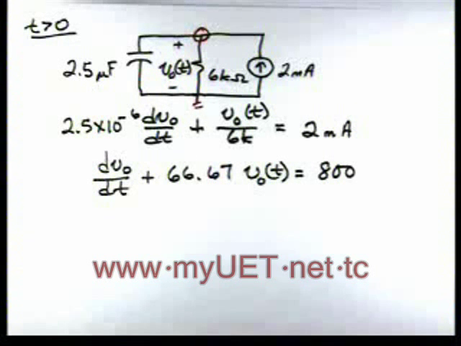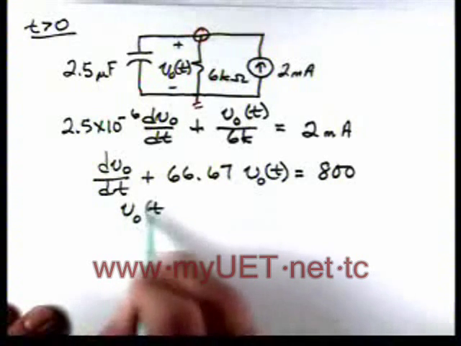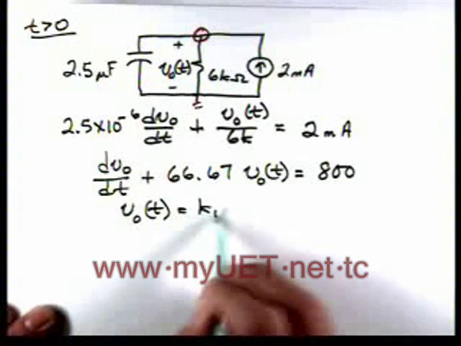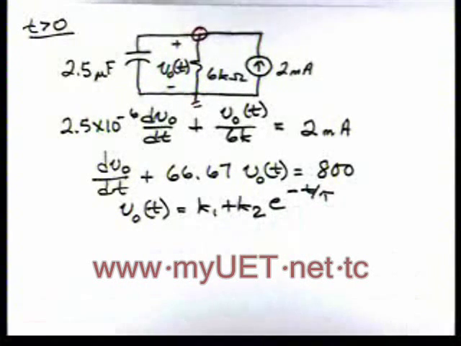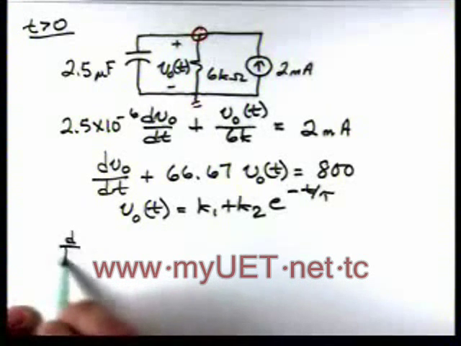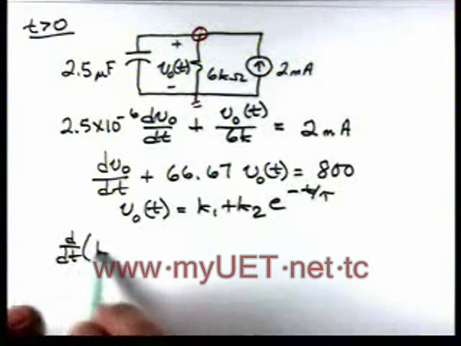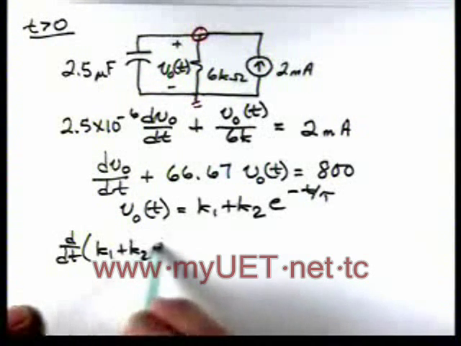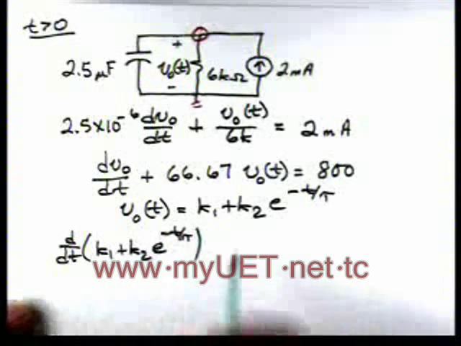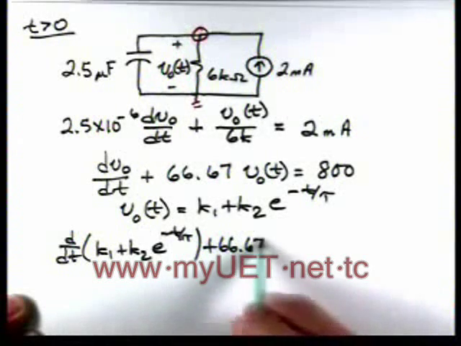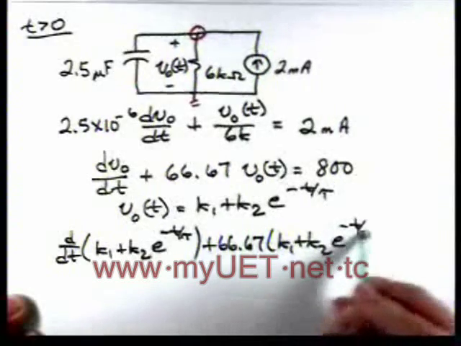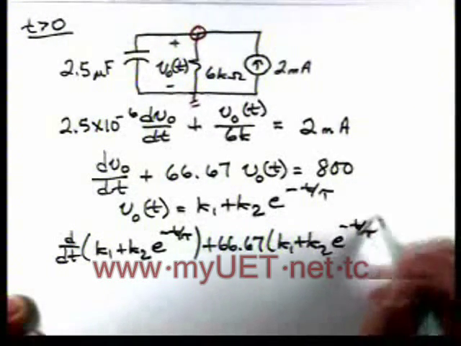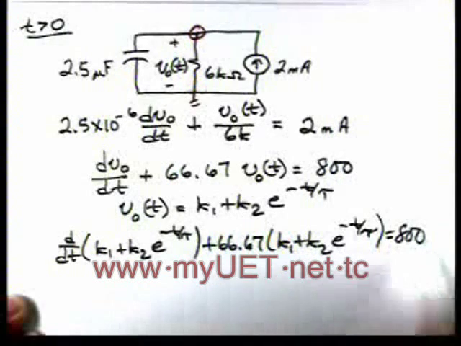We know our solution is K1 plus K2 e to the minus t over tau. So now let's plug it in. So now we have the derivative of K1 plus K2 e to the minus t over tau, plus 66.67 times K1 plus K2 e to the minus t over tau, equal to 800.